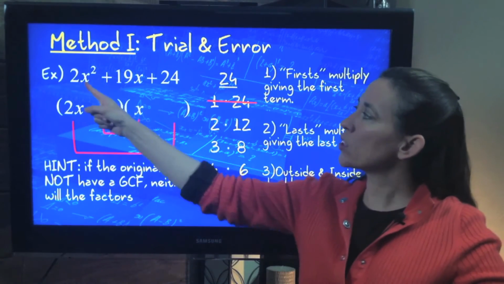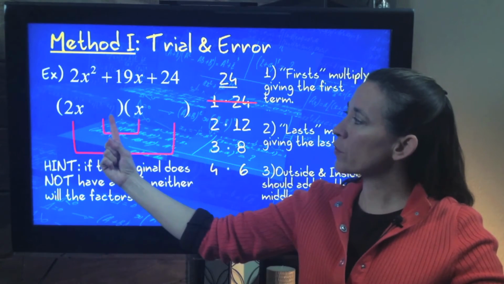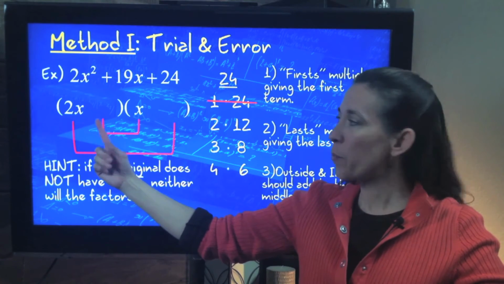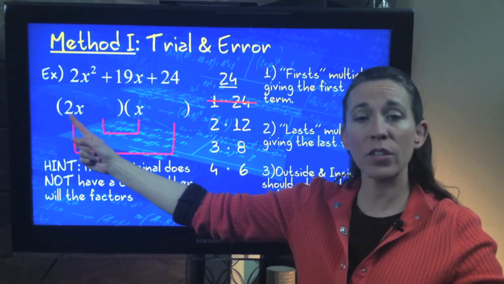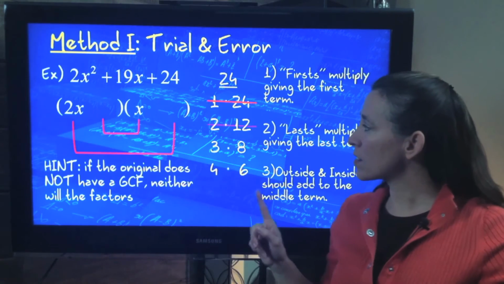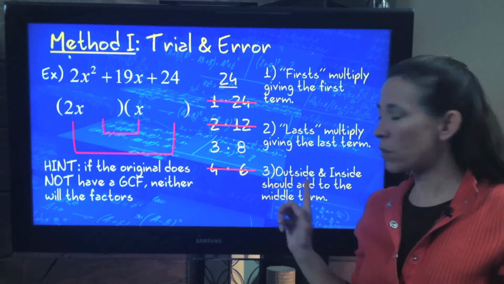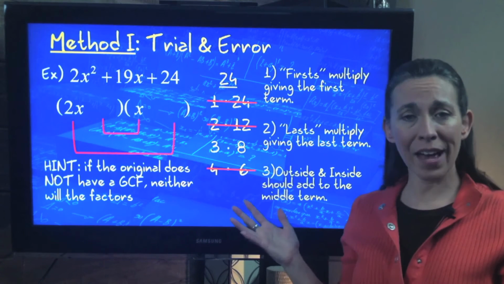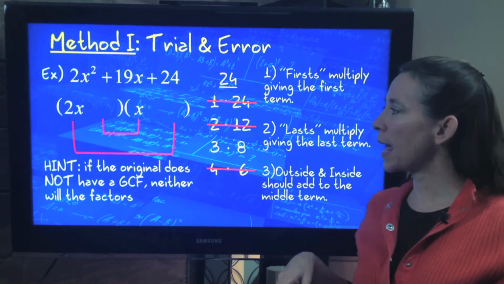So since our original did not have a GCF, this first factor here cannot have an even number in it because then it would have a GCF of a 2. So that's going to take out the 2 and 12 and the 4 and 6 because both of those are even. The only pairing we have left is the 3 and the 8.